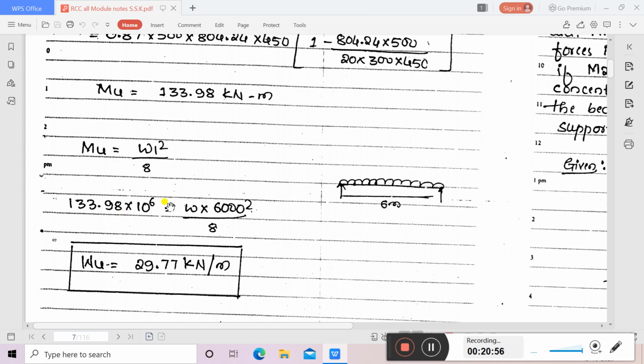Either you convert into Newton mm and mm, or later you convert into kilonewton meter, or directly 133.98 is equal to W into 6 square divided by 8. In both cases you will be getting the same value, that is Wu is equal to 29.77 kilonewton per meter. This is the maximum permissible UDL on the beam.